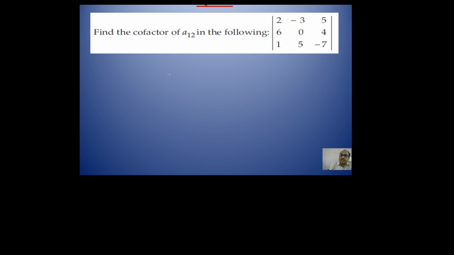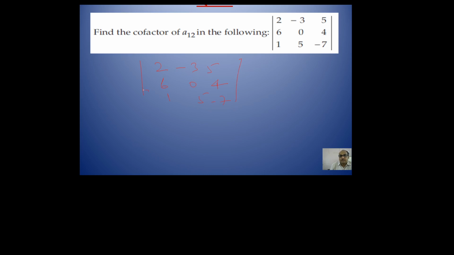Now find the cofactor of A12 in the determinant here. It is 2, minus 3, 5, 6, 0, 4, 1, 5, minus 7.